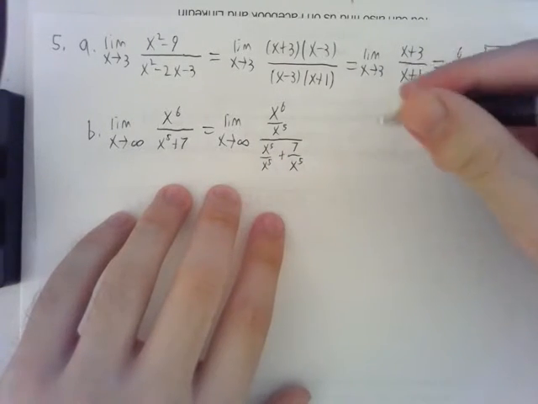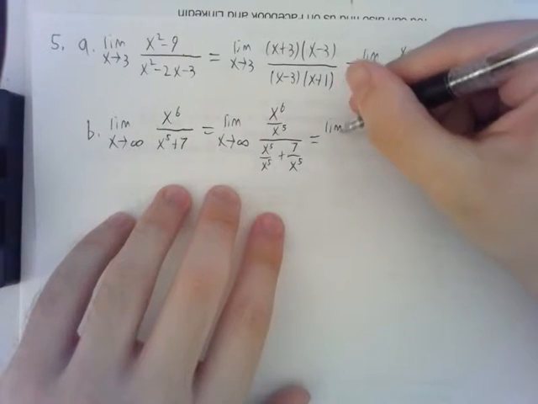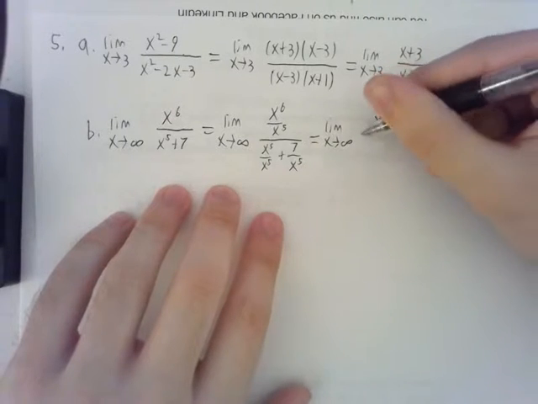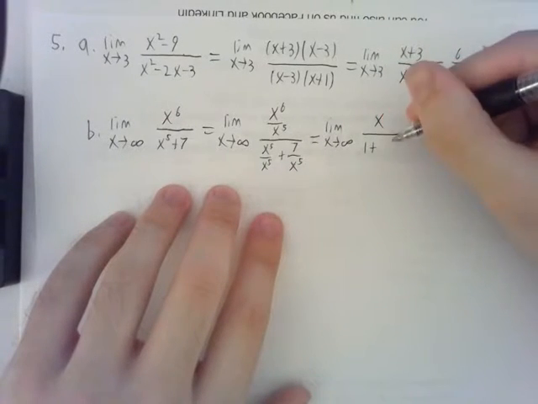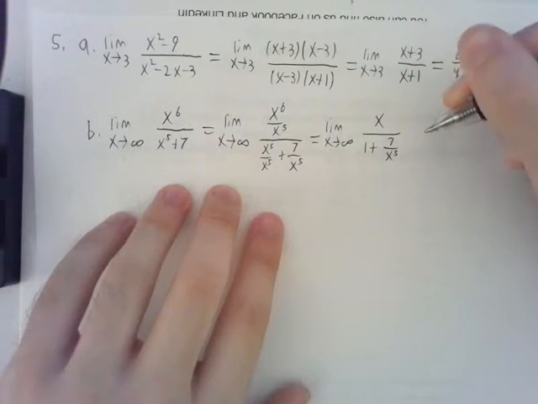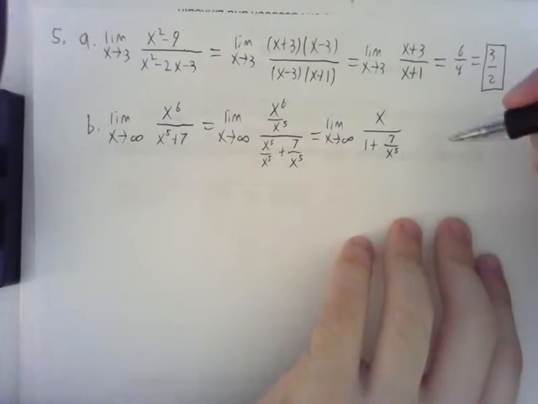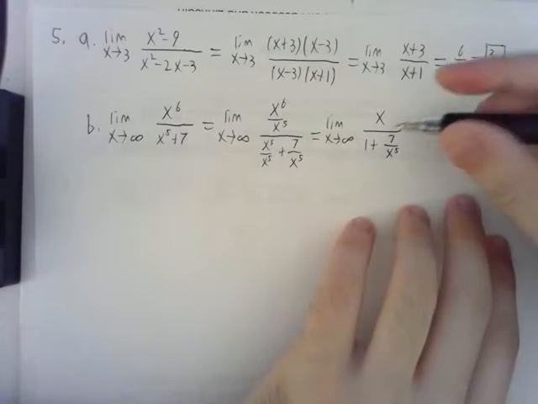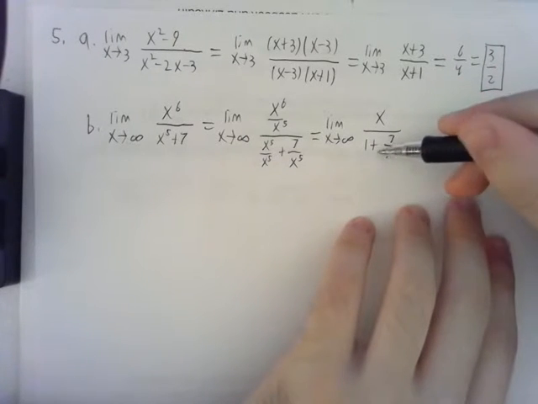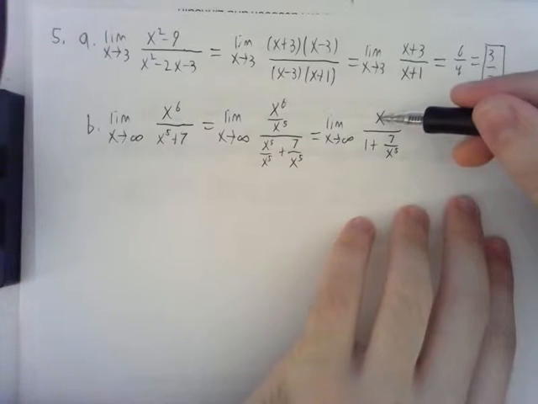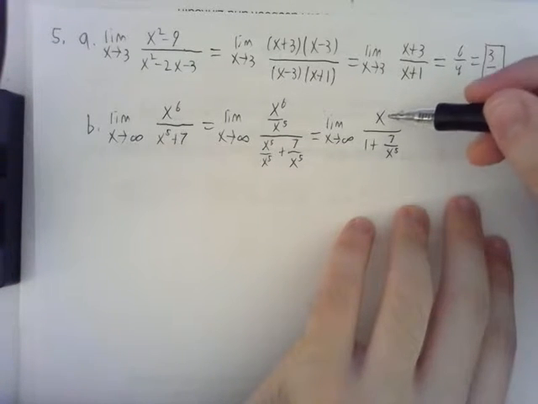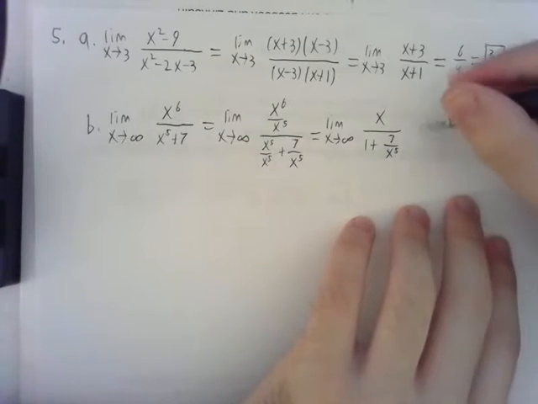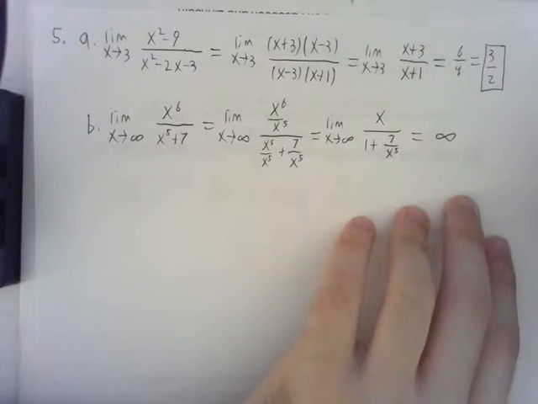So when we divide everything by x to the power 5, we get the limit as x goes to infinity of x over 1 plus 7 over x to the power 5. And now we can clearly see that the limit as x goes to infinity of the denominator is equal to 1, but the limit as x goes to infinity of the numerator is infinity. So we have something which looks like infinity over 1, which means that this thing is approaching infinity.